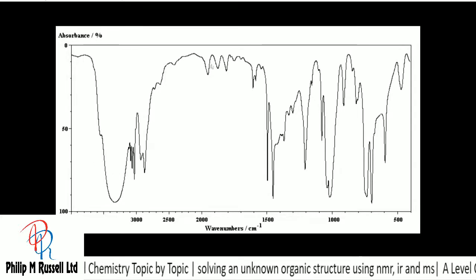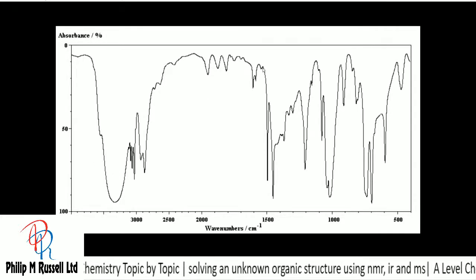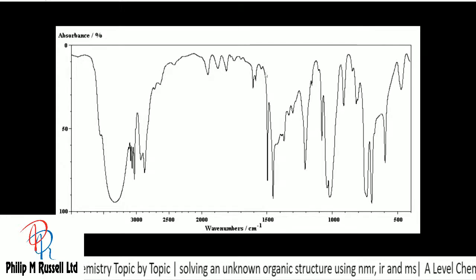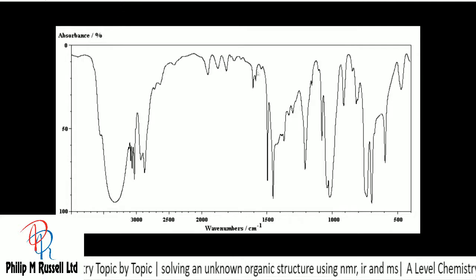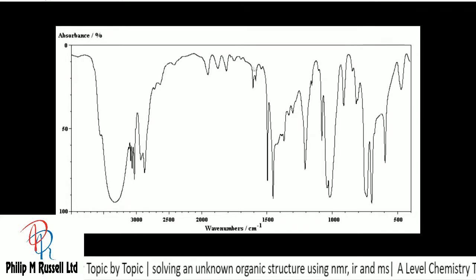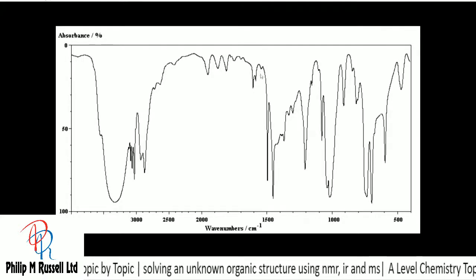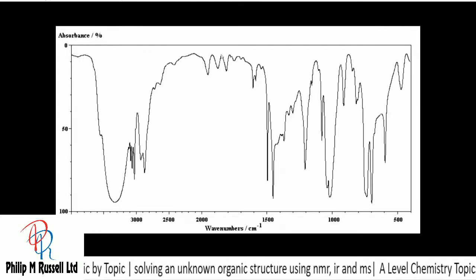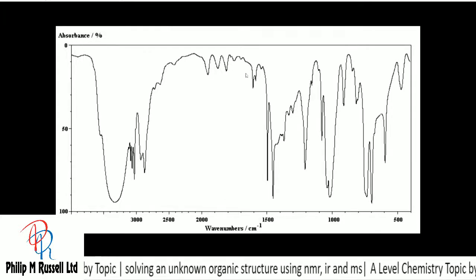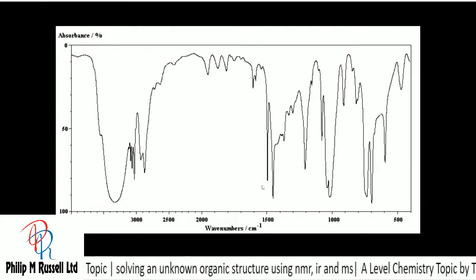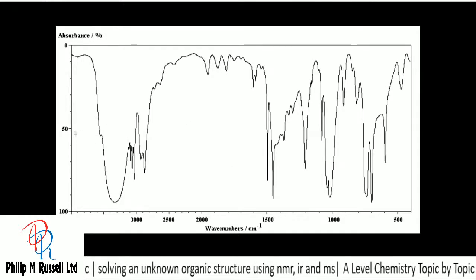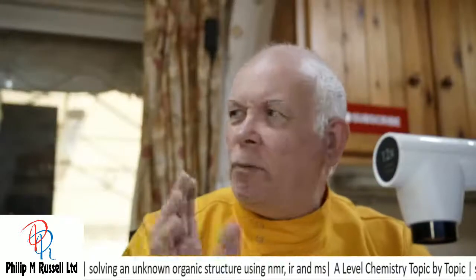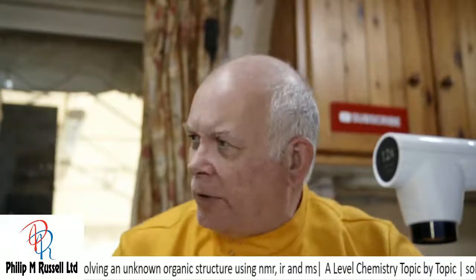So coming down this way, we've got some peaks happening here. You saw before 1600 for C double bonds, which is here. There's something happening, but not really recognisable. You've got some spikes here, but they're not really massive. They're not that significant. When you look at these, you're looking at the major peaks all the way down, the really big ones that are the signature.